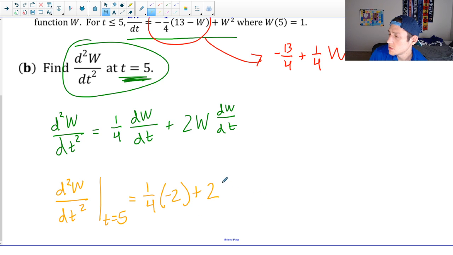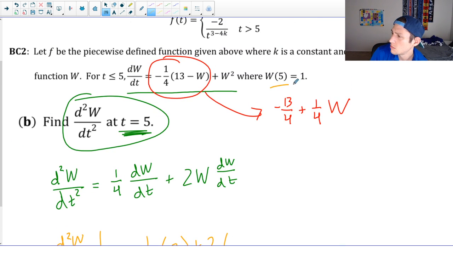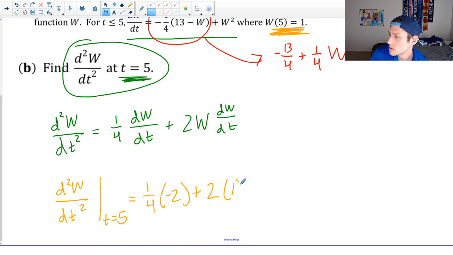Okay, plus 2w. If I plug in 5 to w, we already know from our initial values that the problem gives us that equals 1. So 1. And then again, dw dt evaluated at 5. I know from part A that that's negative 2.